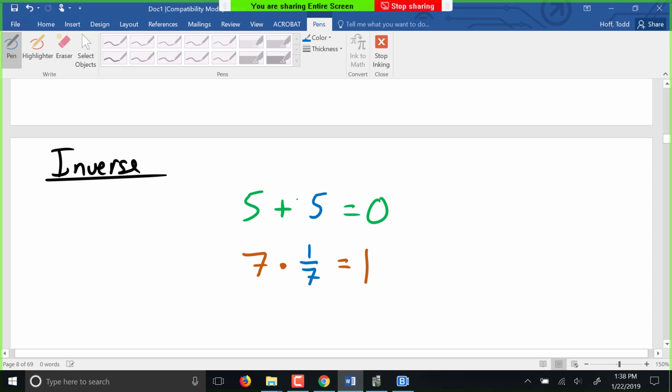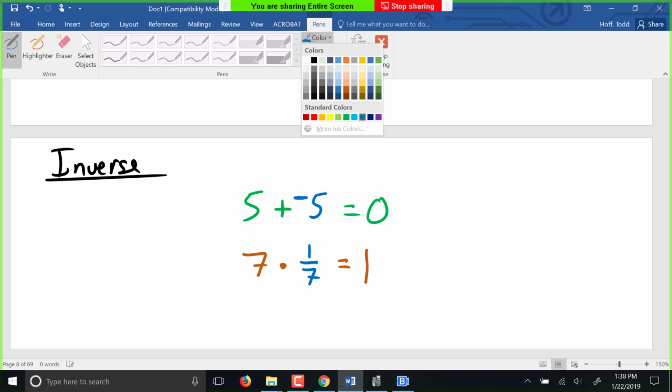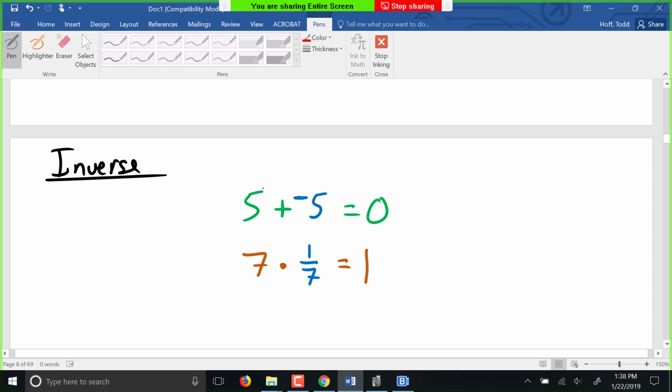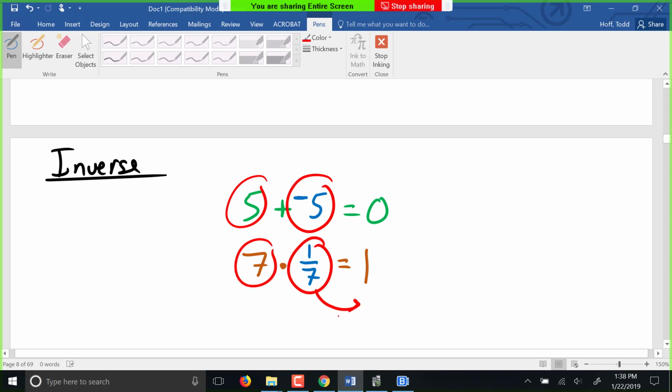So for addition, my negative disappeared here. The inverse of a number for addition is just the opposite or the negative of that number. For multiplication, the inverse, anybody remember the term we use for that? It's called the reciprocal of that number.